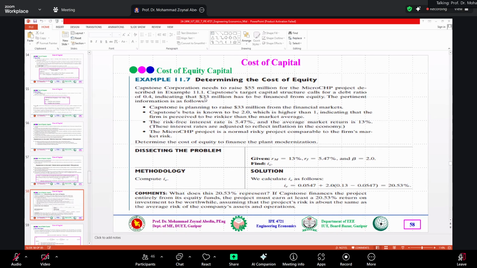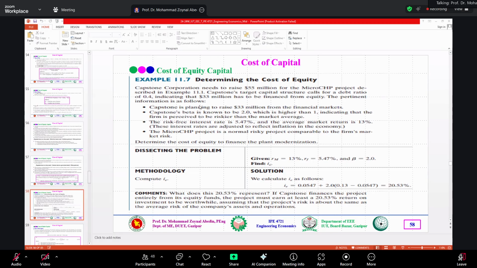If you subtract 33 from 55, $22 million will be the debt. In other ways, you can find $55 million times 0.4, which is also 22. So 22 will come from the debt, and the remaining they are trying to gather from the market, to be financed from equity.